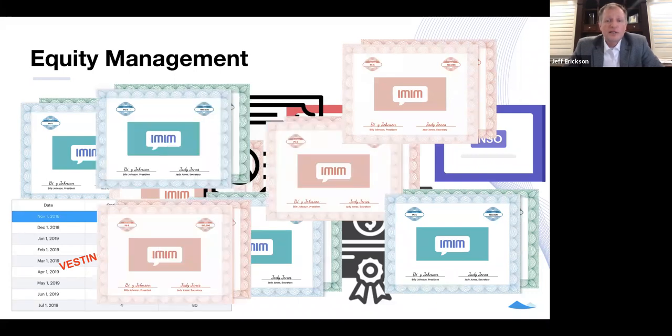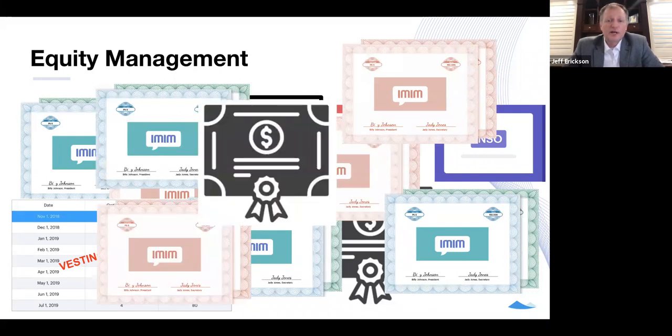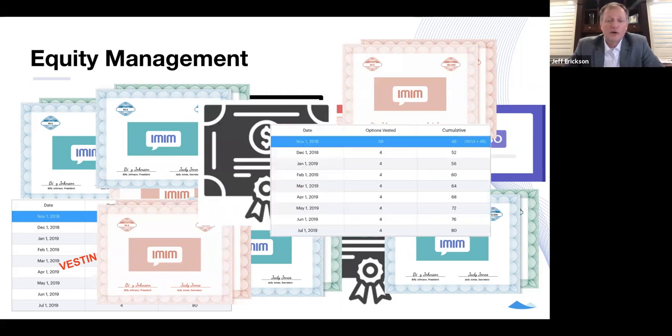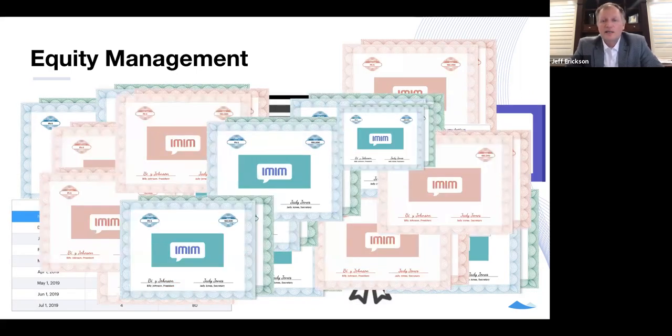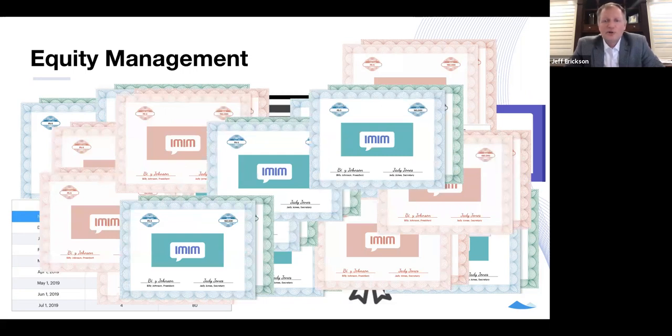And you can see you might have additional stock options as you hire more employees with new vesting schedules to keep track of. But you can see that it can get out of control pretty quickly as you start to do more issuances of securities.